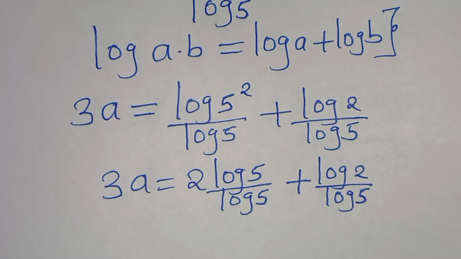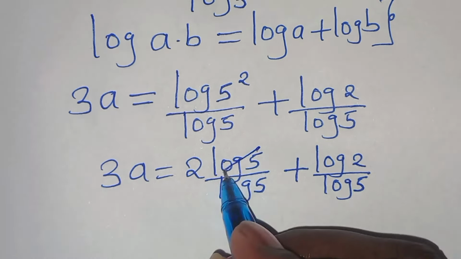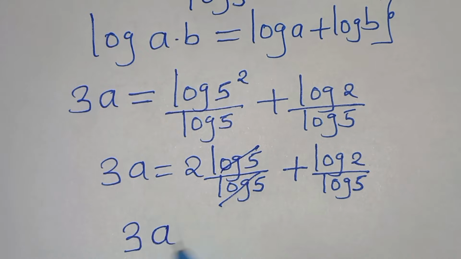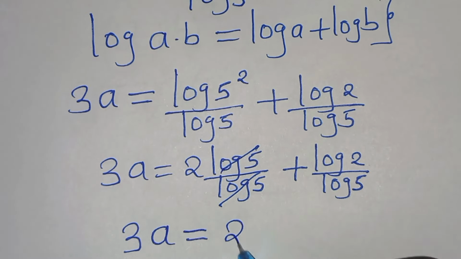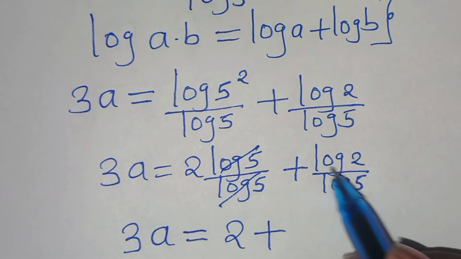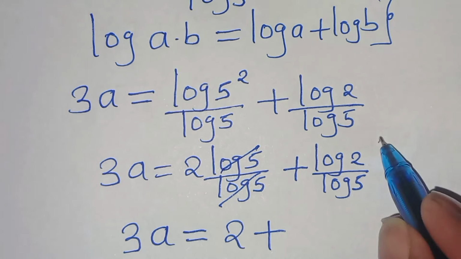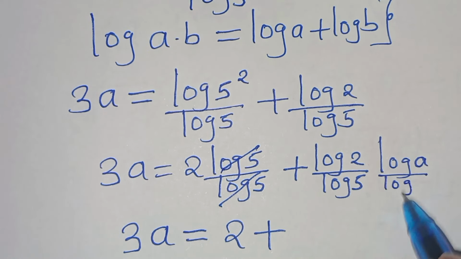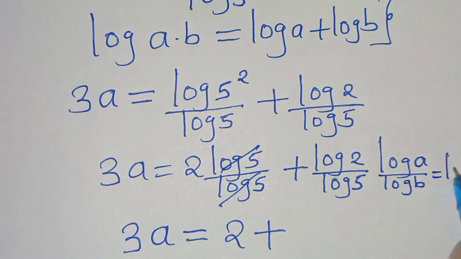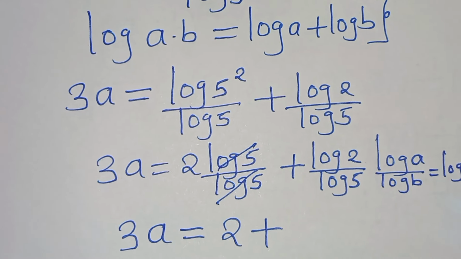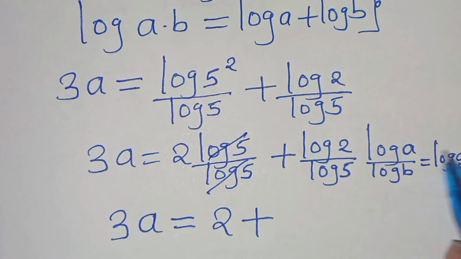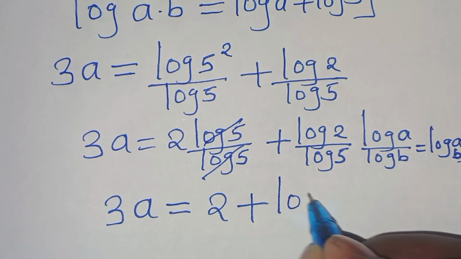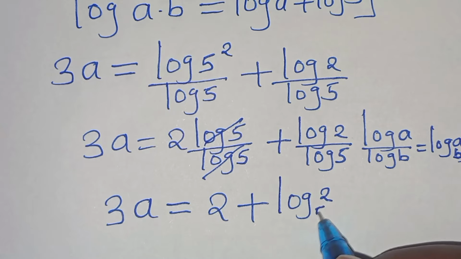Now, let's simplify log 5 and log 5, so that now 3a is equal to 2 plus log 2 over log 5. This is in the form of log a divided by log b, which we can express as log a to base b. Applying this logarithm property, we have log 2 to base 5.